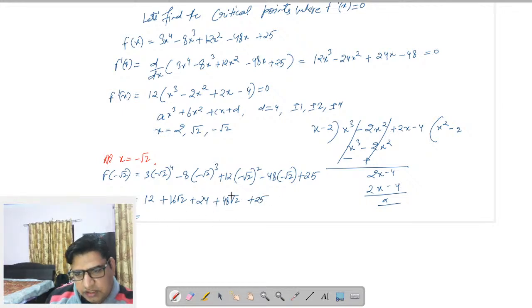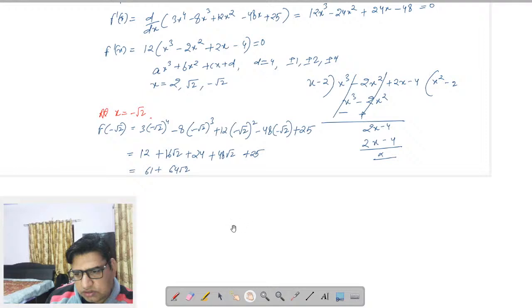If we add all of these, 24 plus 25 is 49, 49 plus 12 is 61, so this will be 61 plus 64 root 2. This is the value at x is equal to minus root 2.